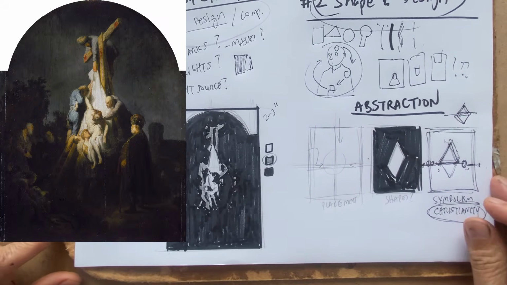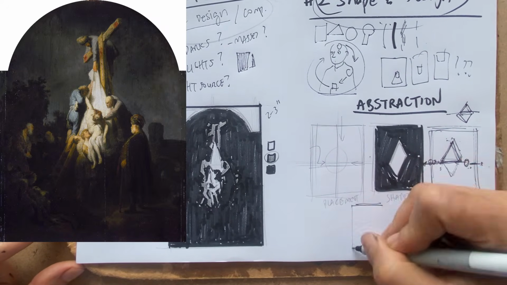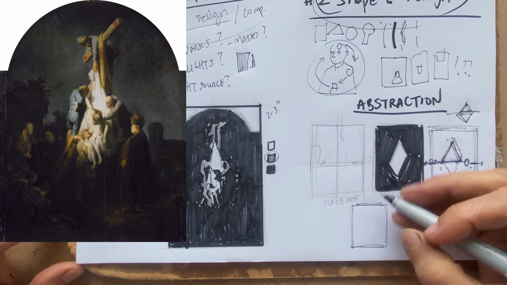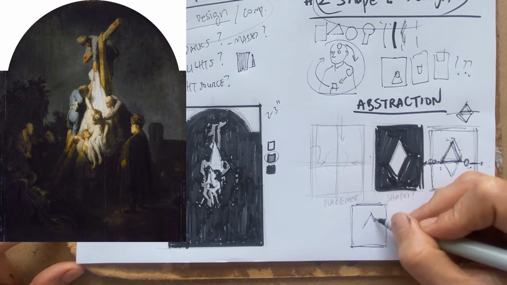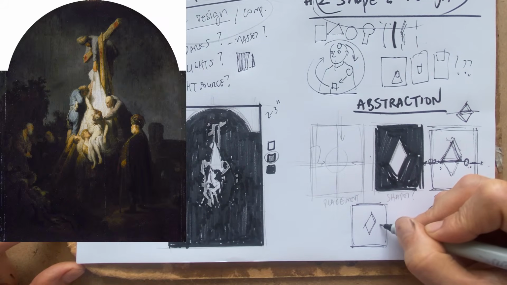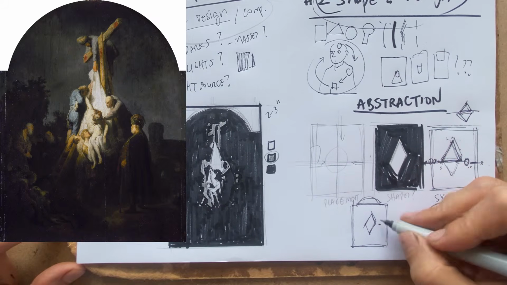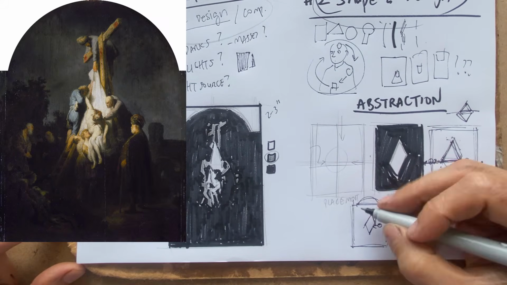Focal point and eye flow, right? So you have the central thing here, the central mass. You have a figure doing this on the right, figure down.